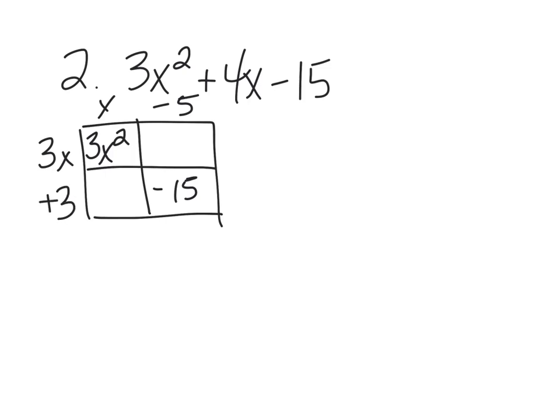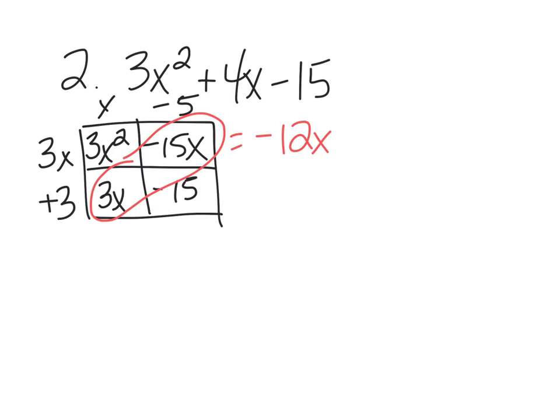Okay, let's see how that works. 3x times negative 5 is negative 15x, and 3 times x is 3x. So when I combine these, that gives me negative 12x, which is not going to give me 4.